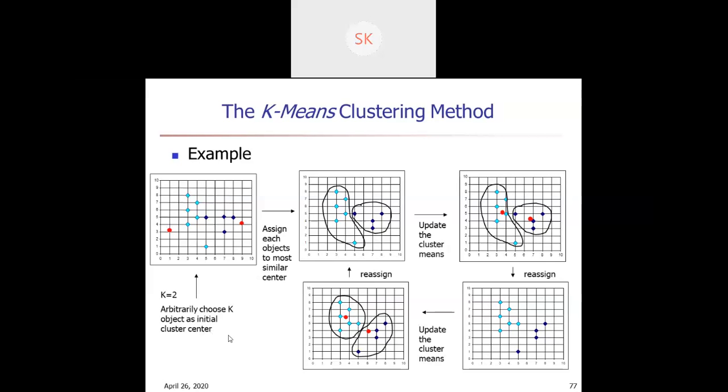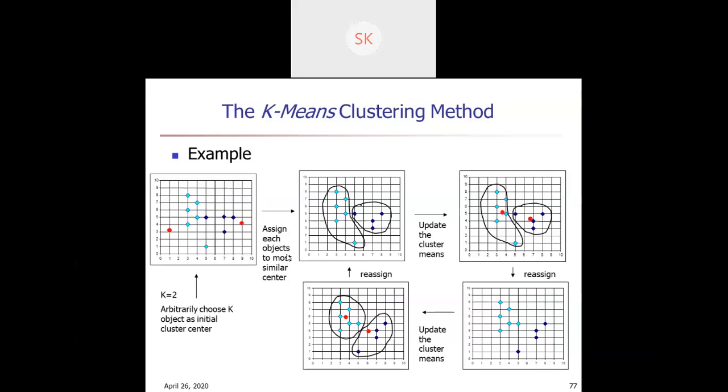So here k equal to 2 means that we are forming two clusters, reflected through these red points. This is one cluster center, and this is the other cluster center. Now the remaining objects we need to cluster with respect to their nearest distance to the center. It is arbitrarily chosen.